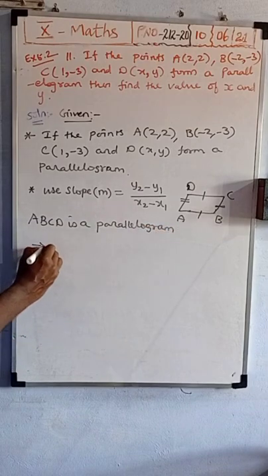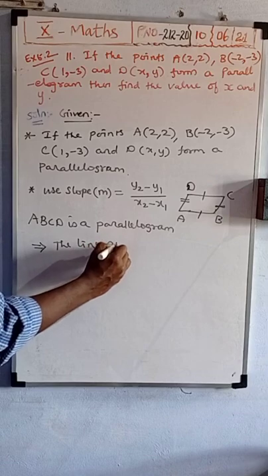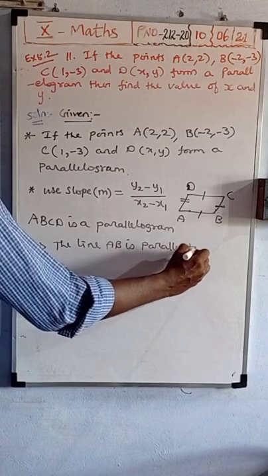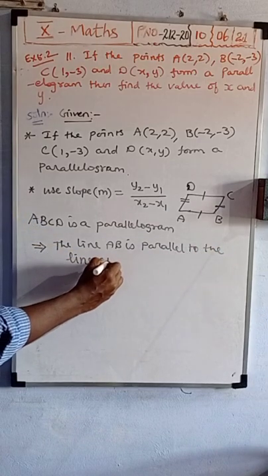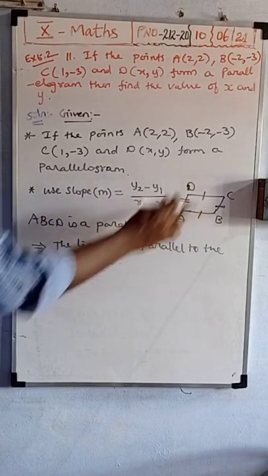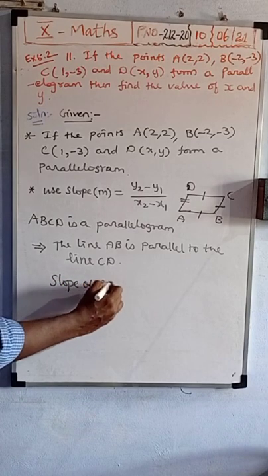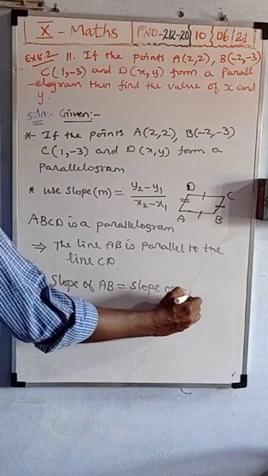Then first, the line AB is parallel to the line CD. These two lines are parallel, which means the slopes are equal. Slope of AB is equal to slope of CD.